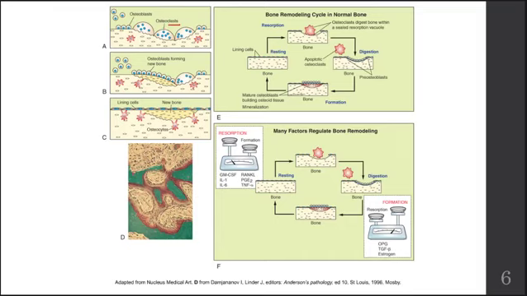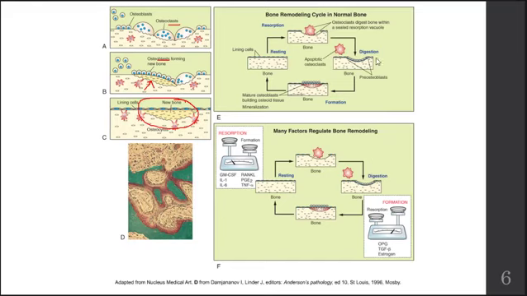Then the osteoblasts will begin doing their job, where they start replacing bone. So you can see the osteoblasts are involved here, and then this yellow structure here is showing you the new bone that's forming. And then for the actual completion of this process, it can take anywhere between 4 and 6 months before we get this refreshed bone.